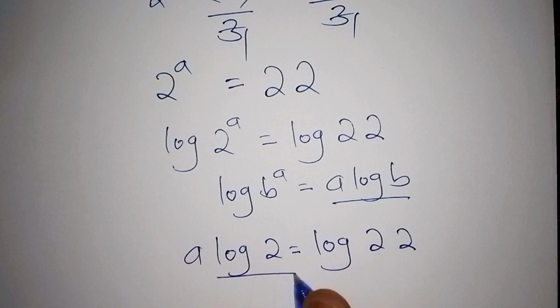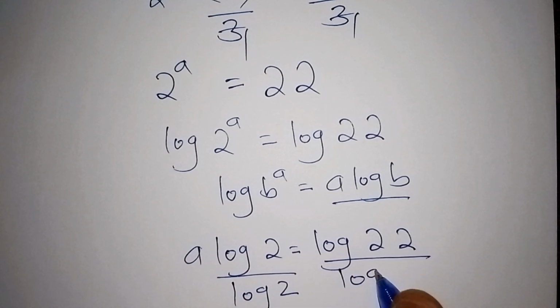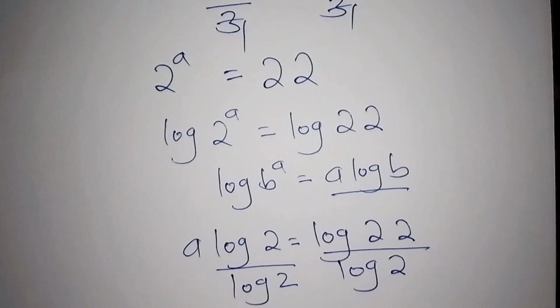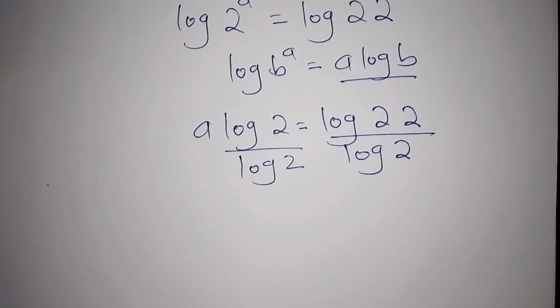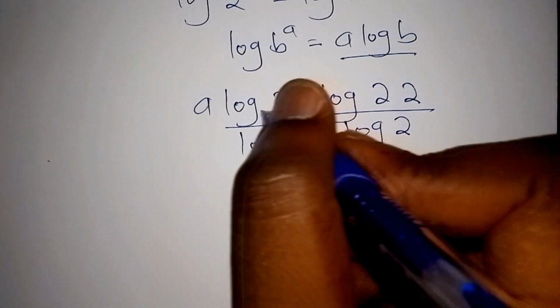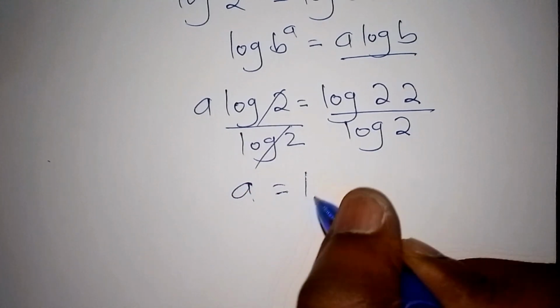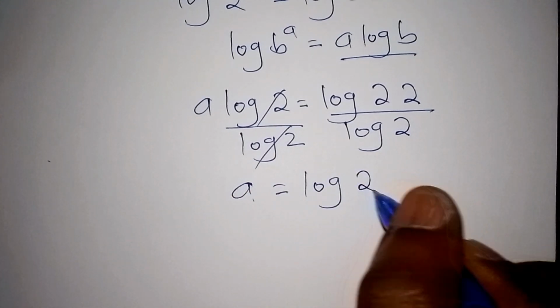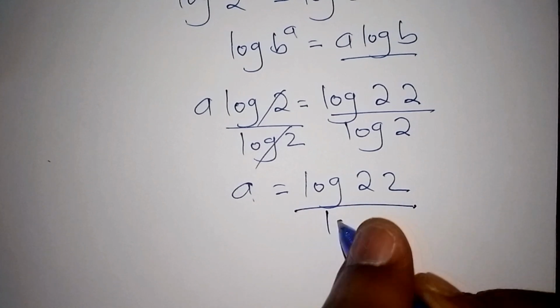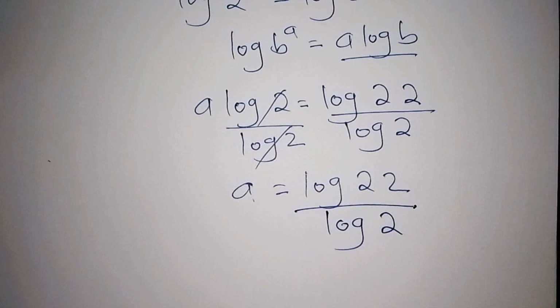Now we divide by the log of 2 on both sides, so the log of 2 and the log of 2 cancel out. Now we have a is equal to the log of 22 all over the log of 2.